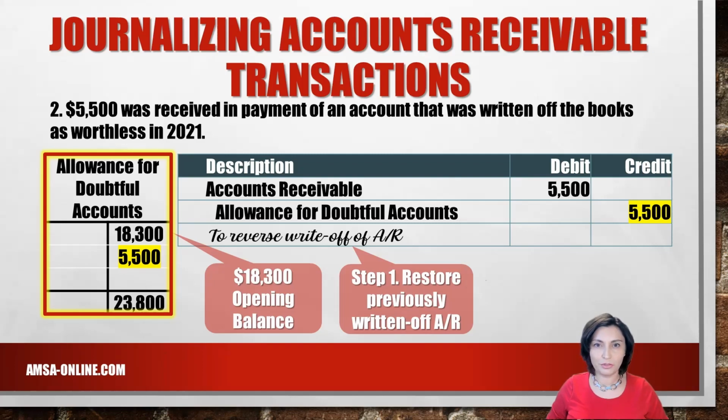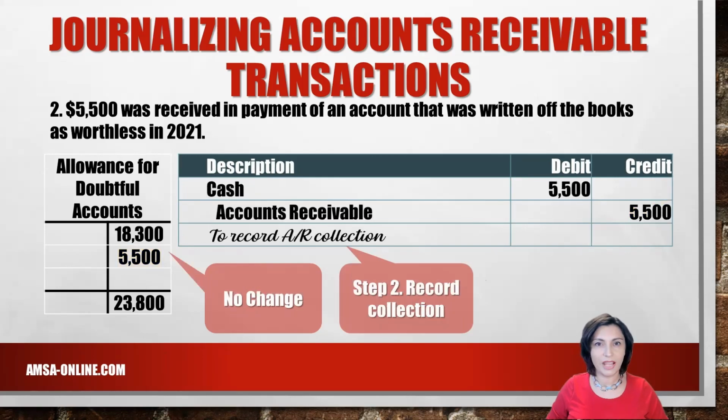We will need it for the last transaction. The beginning balance is $18,300. Note that it was provided on the first slide. Now that we added $5,500, the balance increased to $23,800.